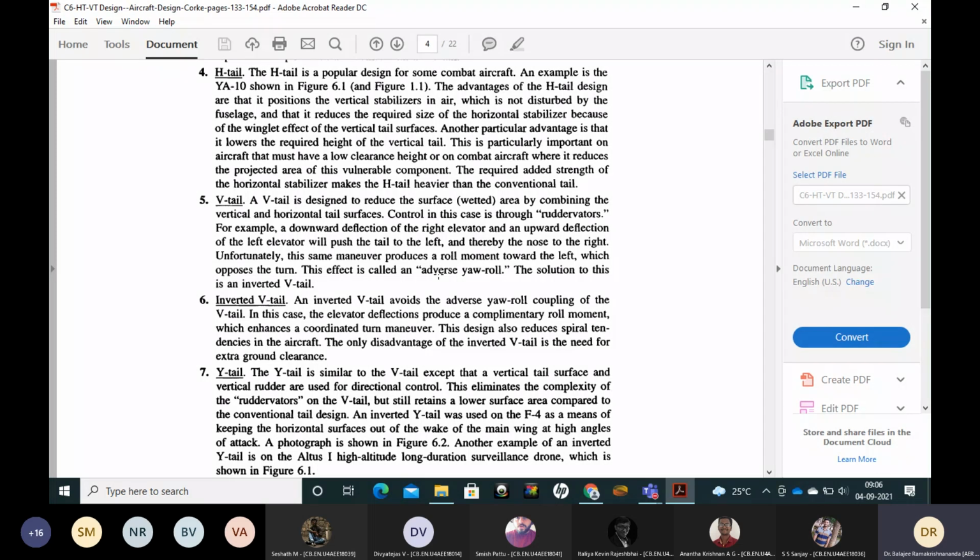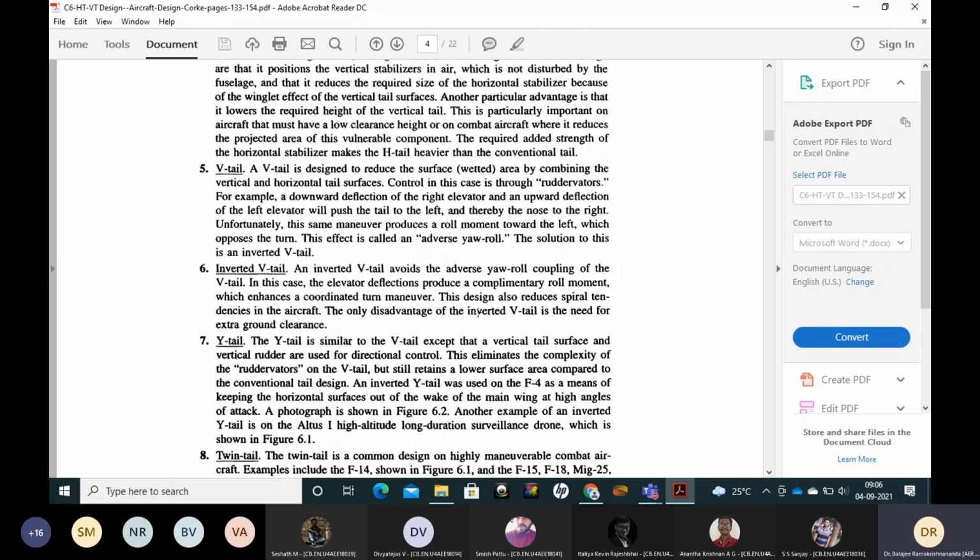As a result, you may have to use the rudder also to give extra rolling moment, or you may have to further deflect the ailerons. If you don't want this, then you should have an inverted V-tail, which will be more favorable in terms of adverse yaw-roll.